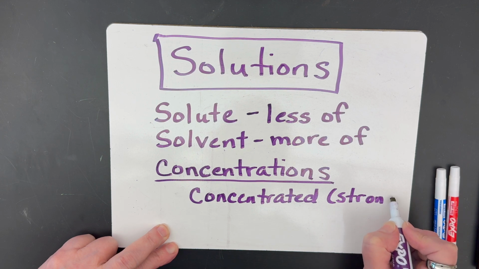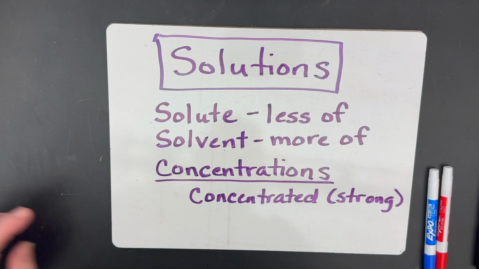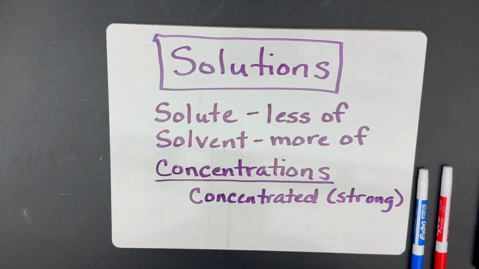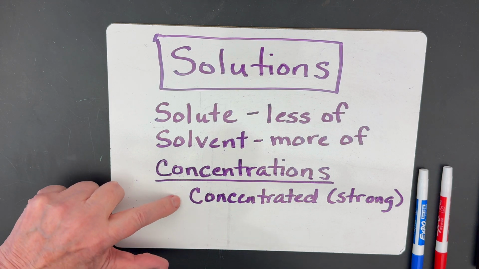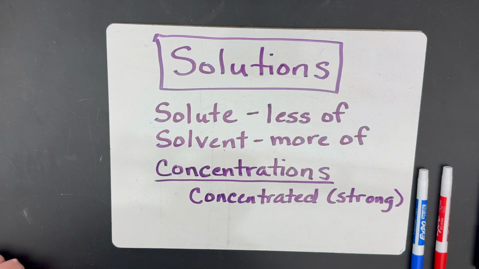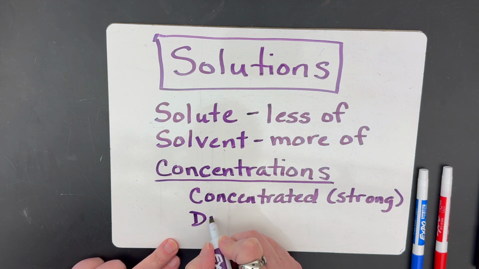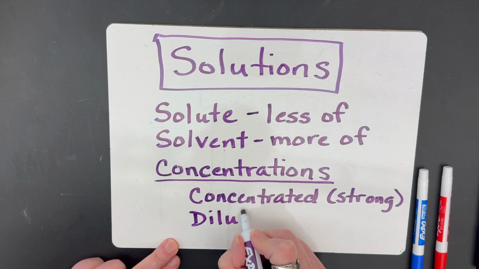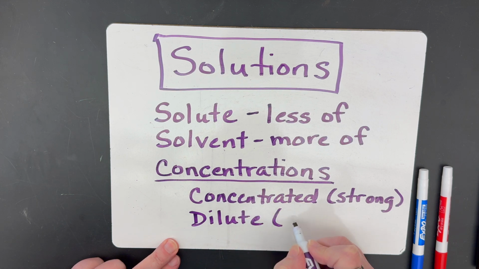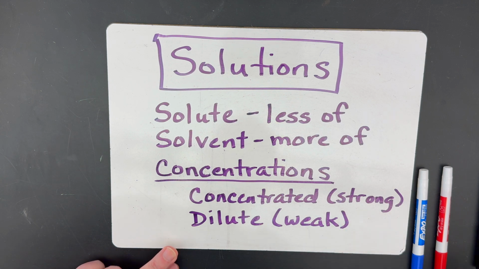If you think about dissolving Kool-Aid into water, if you put lots of the powder, it's going to be concentrated or a strong Kool-Aid drink. And if you don't have much at all, it's dilute. And that's going to be a weak or low concentration of your solute.